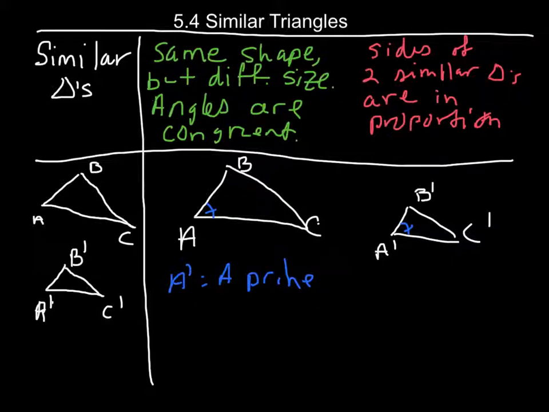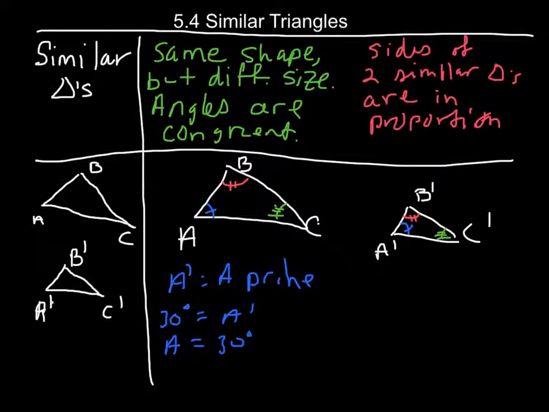Then B is congruent to B prime, and C is congruent to C prime. So if A prime equals 30 degrees, then A equals 30 degrees.